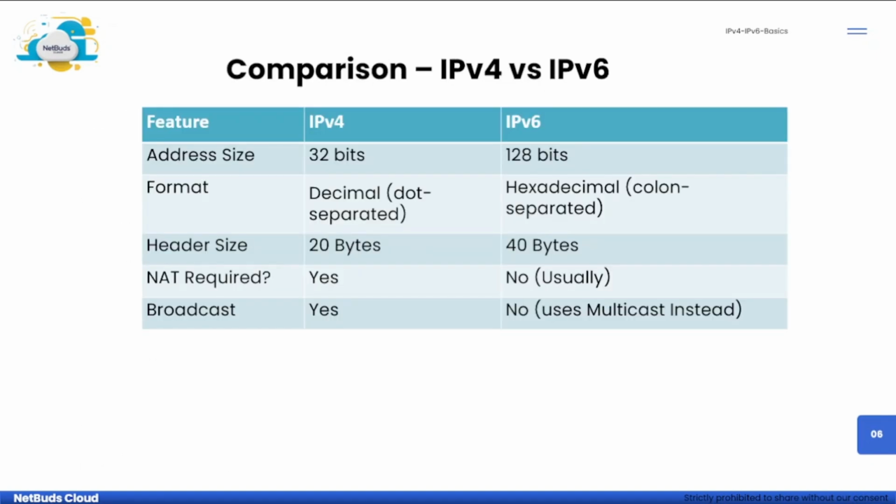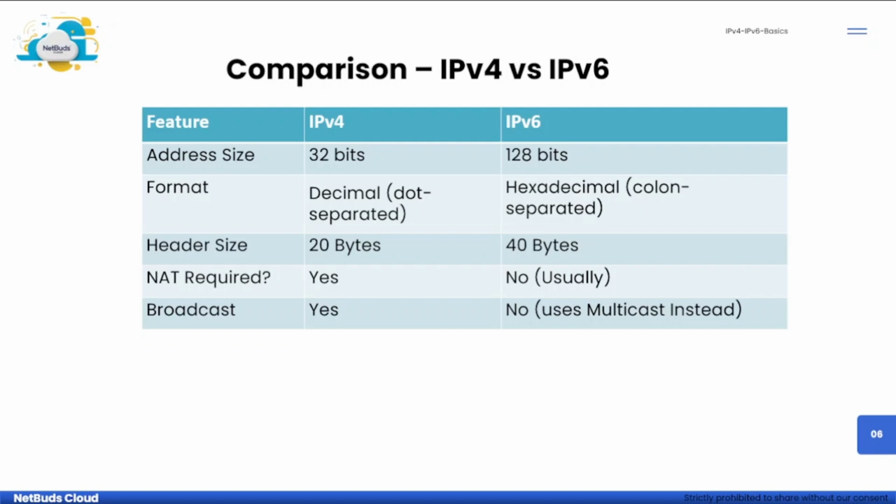Let's compare IPv4 and IPv6. As we know, IPv6 was introduced due to the limited number of addresses in IPv4. So for the address size, IPv4 has 32 bits and IPv6 has 128 bits, which makes the difference to get a huge number of IP addresses.